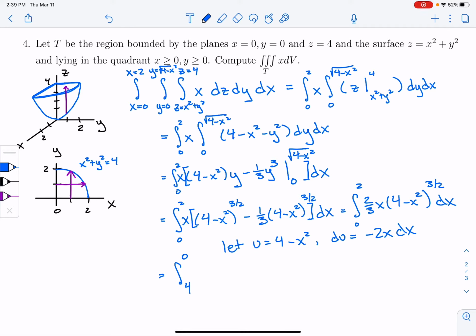And I'm going to integrate 1/3 u to the 3/2 du with a negative sign. So essentially, I'm going to replace the 2x dx with du right there, or at least with negative du.